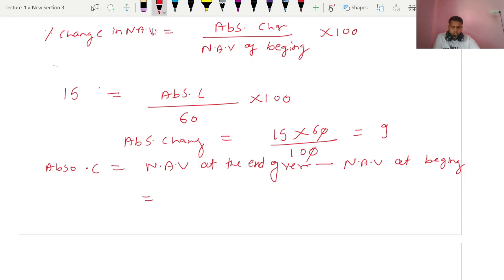So net asset value at the end of year is what? You have to find out. Absolute change is 9 unit. Net asset value at the beginning, 60. Therefore, net asset value at the end is 69. Okay, fine.